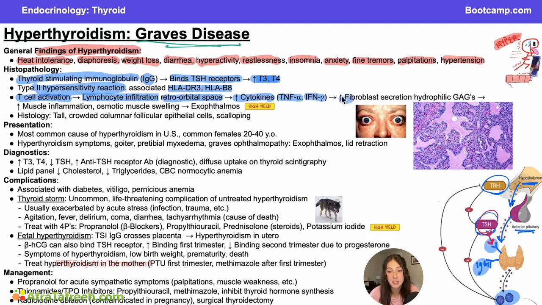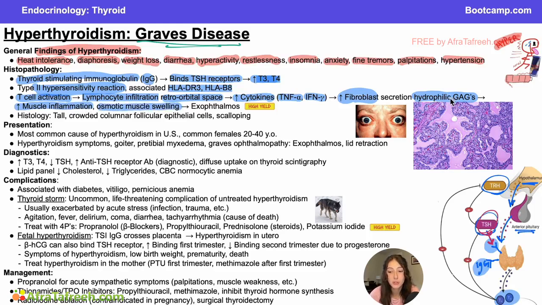And those cytokines are going to stimulate our fibroblasts to secrete hydrophilic glycosaminoglycans. That's a really fancy way of saying that those cytokines are going to tell our fibroblasts to secrete these carbohydrates that like water. And as the carbohydrates are secreted, this is going to cause increased muscle inflammation as well as osmotic muscle swelling.